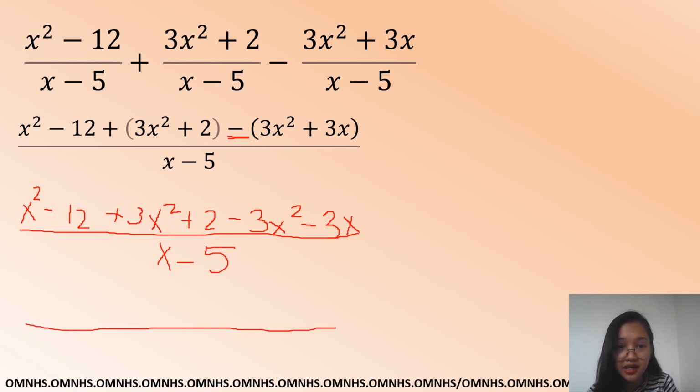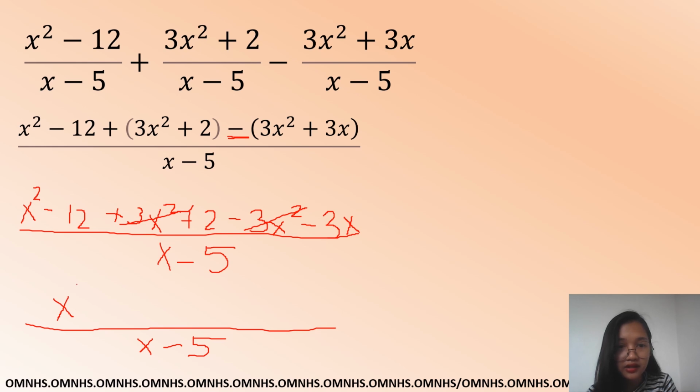Okay, then after this, we have to combine like terms. So let us first copy the denominator x minus 5. Okay, so the like terms here are x squared, 3x squared, and negative 3x squared. So 3x squared minus 3x squared is 0. So we can now cancel this one. So x squared, right?